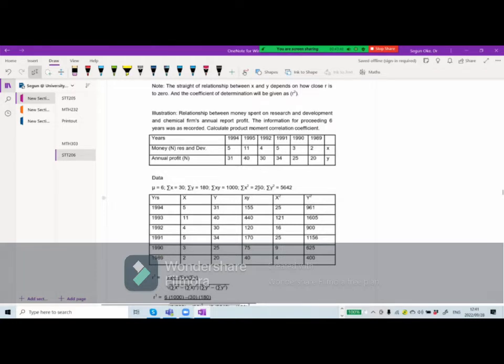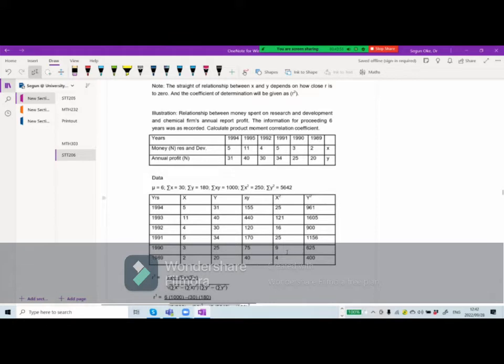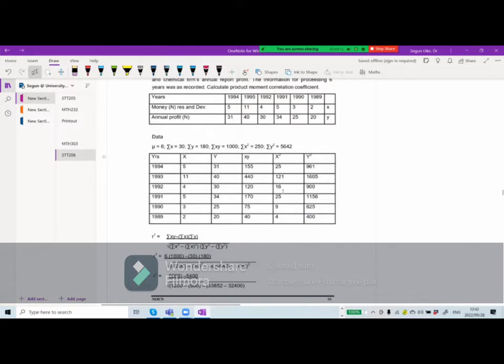Okay, look at this question now. You don't need to copy the solution. Remember, in this question they only solve for R, which is the correlation. They calculate the product moment correlation coefficient, which is different. The first one we did is regression analysis, linear regression analysis.